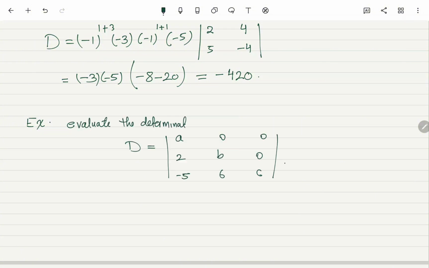Evaluate the determinant. This determinant right here. D in this case, it's equal to minus 1. Now pick up any row and any column. Now the good thing is to choose the one with more zeros.